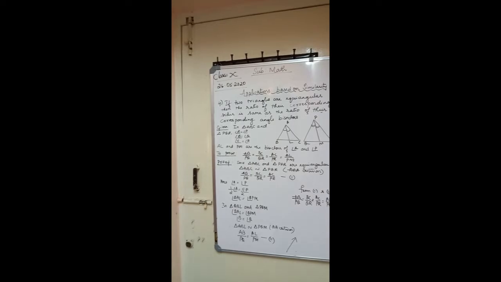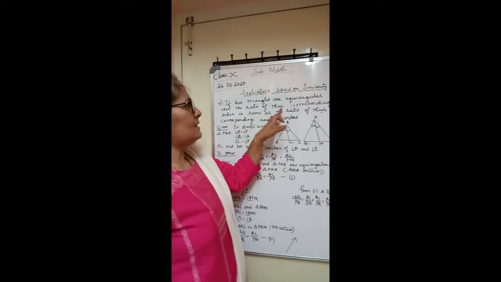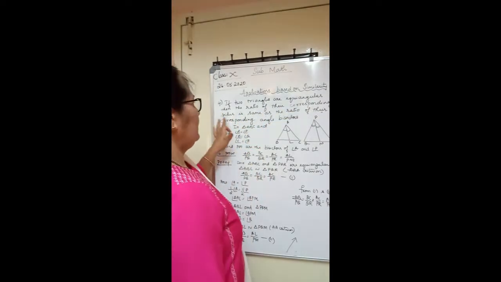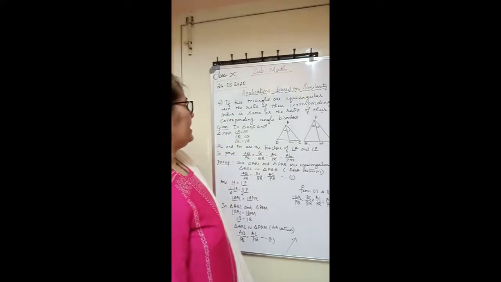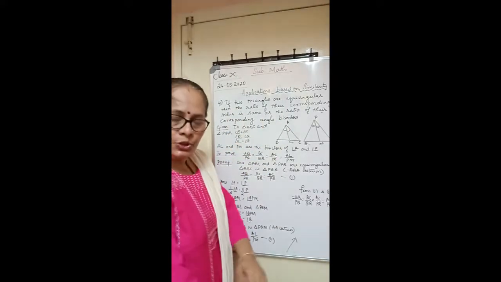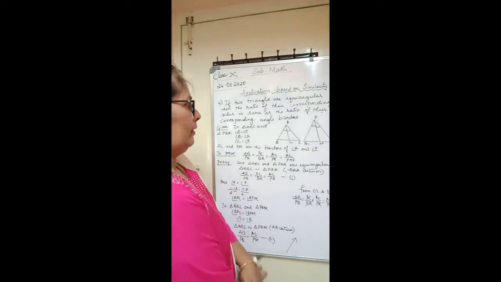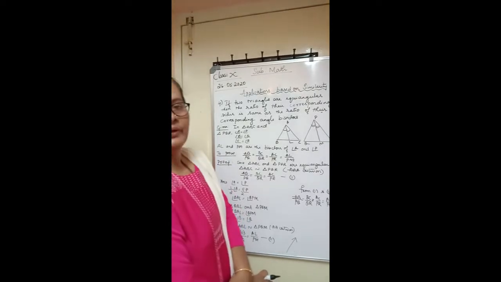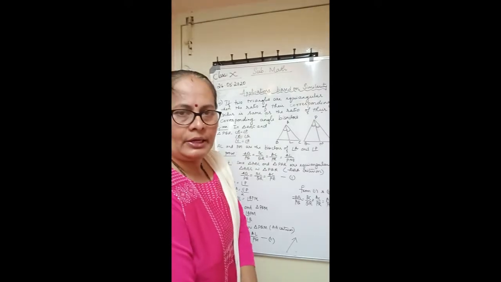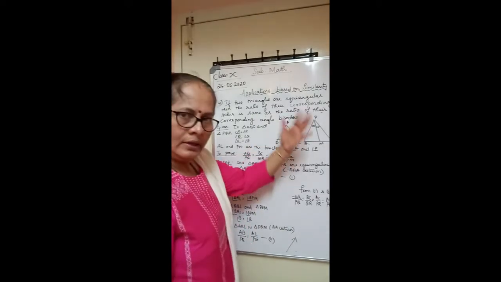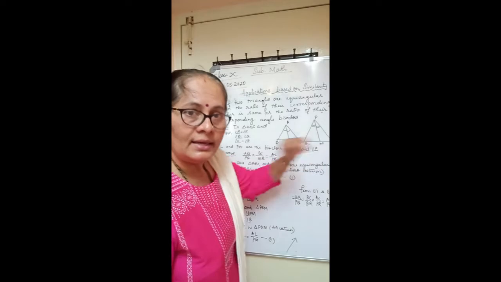Now the fourth application. If two triangles are equiangular, then the ratio of their corresponding sides is the same as the ratio of their corresponding angle bisectors. Here we are given two triangles which are equiangular. Again, equiangular means corresponding angles are equal.